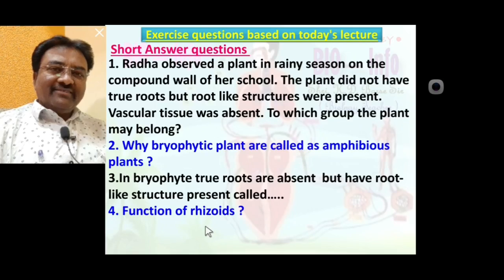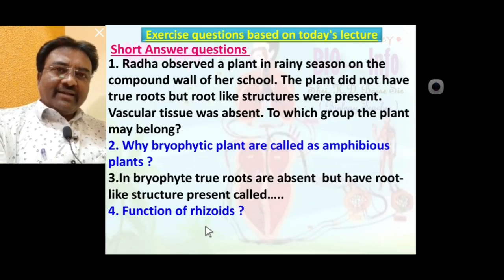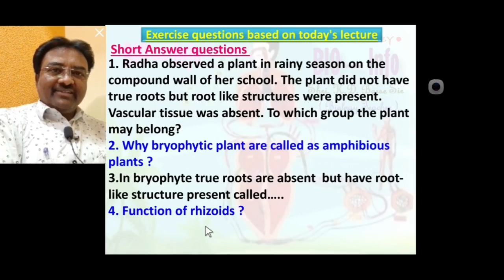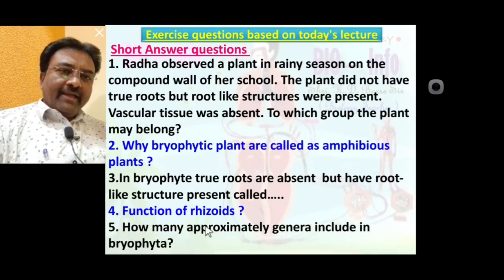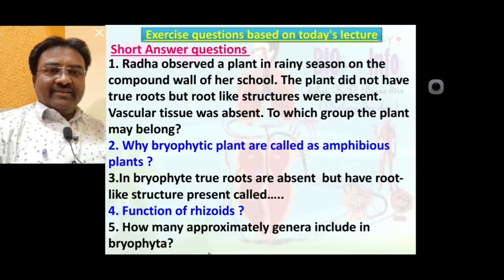Functions of rhizoids: number 1, absorb water and minerals. Second, rhizoids help fixation of the thallus body on the substratum. How many genera approximately are included in Bryophyta? Approximately 960 genera.